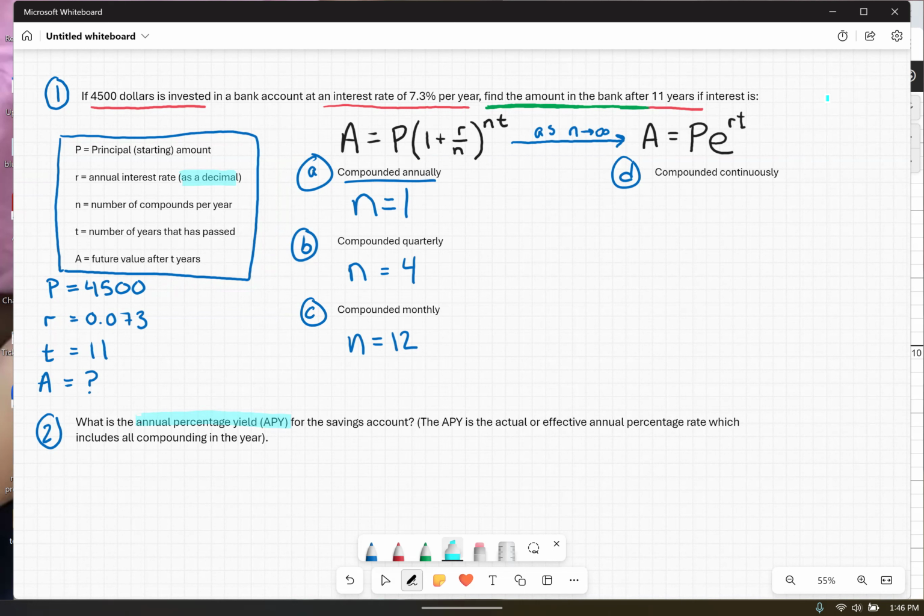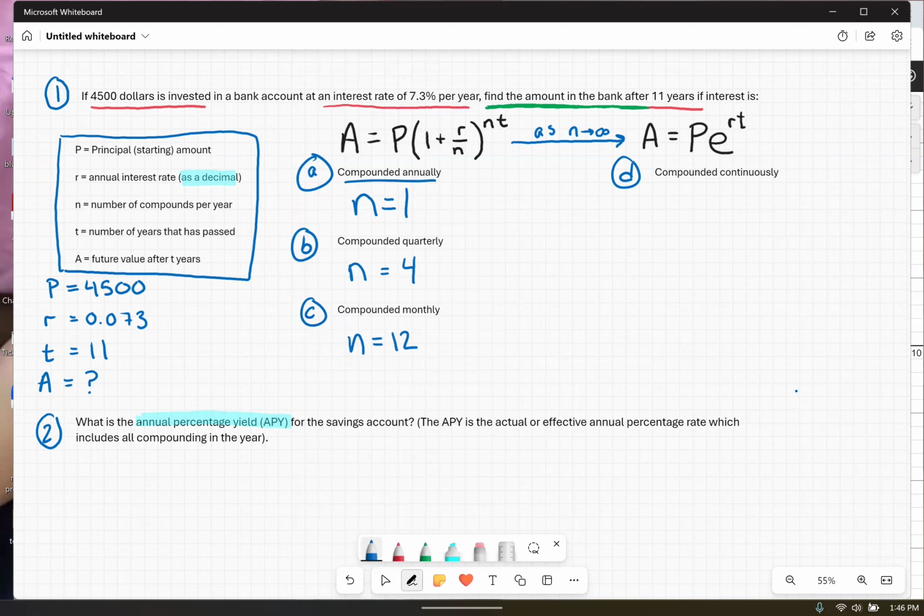They all start with 4,500, but parts A, B, C, and D ended up with different ending amounts. Well, how could that be? They all have 7.3% interest. Well, it's because with compounding, interest is charged interest. So the annual percentage yield tells you exactly what happens at the end of the year.